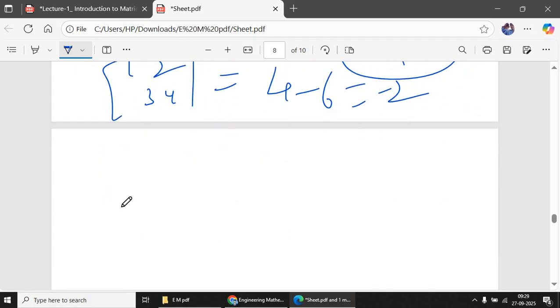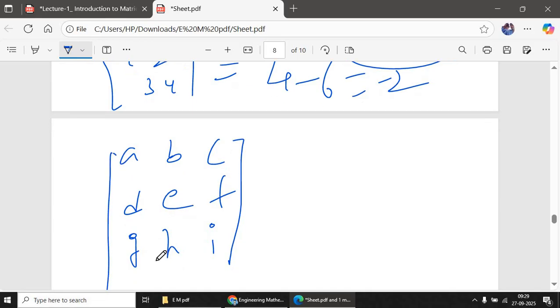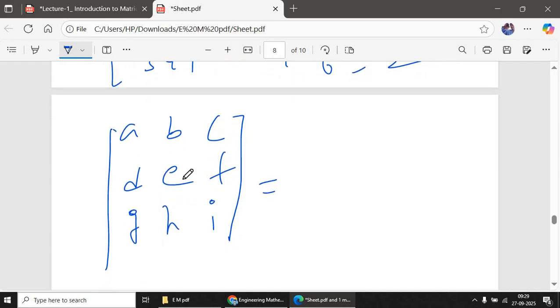Coming to the 3 cross 3 matrix, how to calculate that is very important. For example, you have A B C, D E F, G H I. Now you want to calculate the determinant for this. You can select any row or any column. For example, I am selecting this column to calculate the determinant.